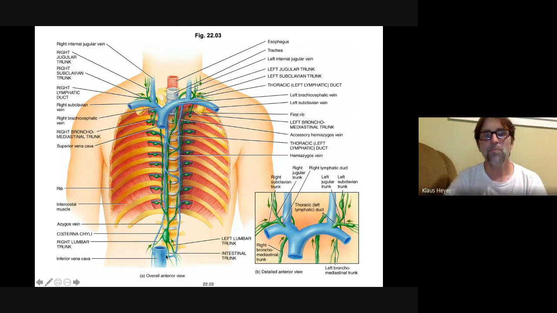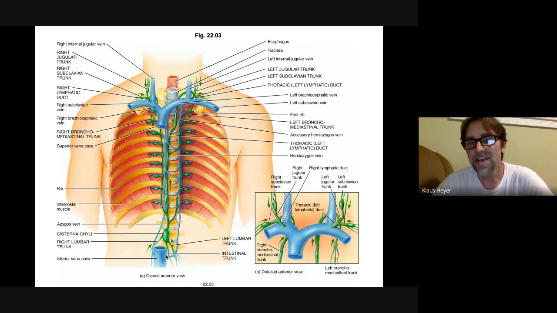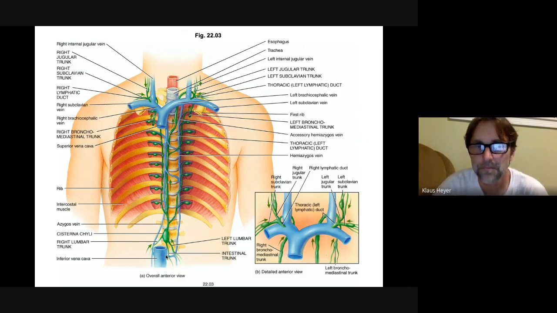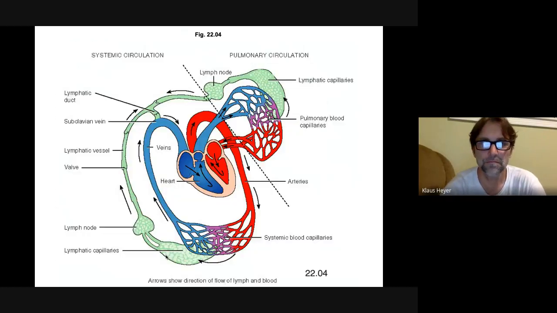But the lumbar is going to drain your legs, your very lower back, pelvis area. Intestinal is going to drain your abdomen. If these types of things make sense to you, then more power to you. They usually don't to me.